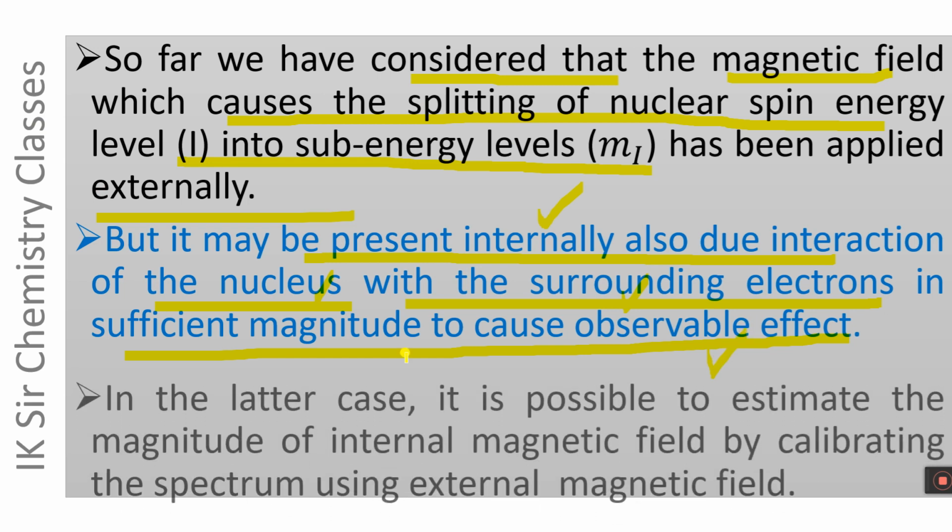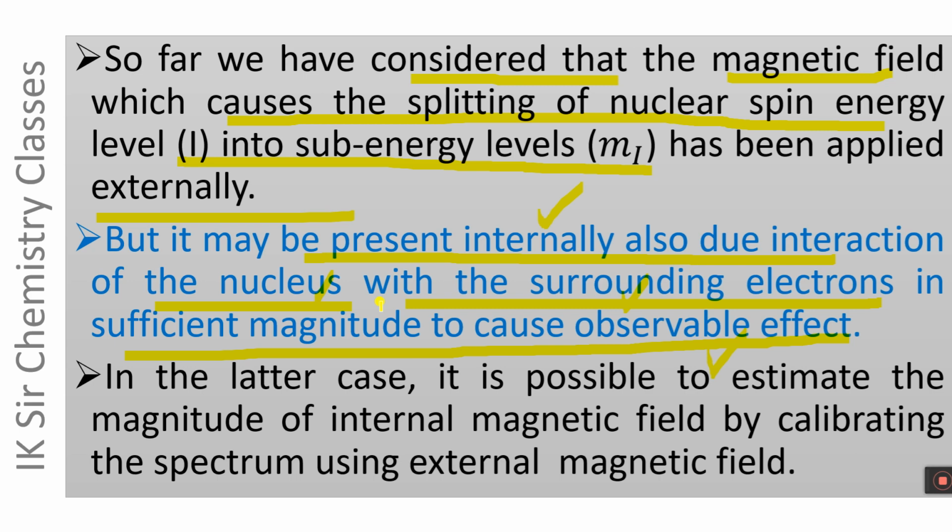In the case of internal magnetic field, it is possible to estimate its magnitude by calibrating the spectrum using external magnetic fields of known strength, with the help of Mössbauer spectra.